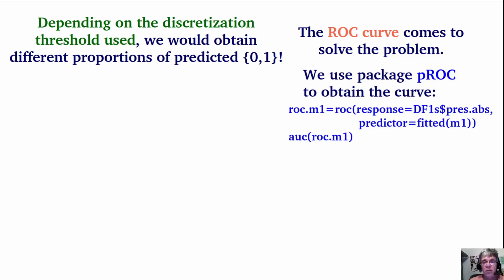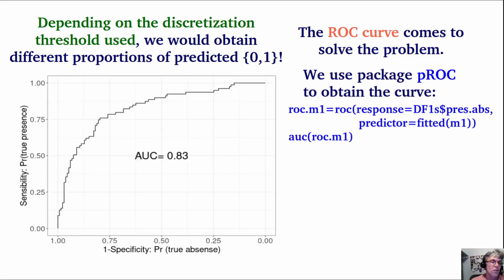So let's see the ROC curve and explain it. Here we have plotted the probability of true presence and the probability of true absence. Of course, we would like to have the highest possible values, and this jagged line corresponds to each of the possible thresholds that are used. So in this rectangle, please see the cursor of the mouse, this would have a total area of 1.